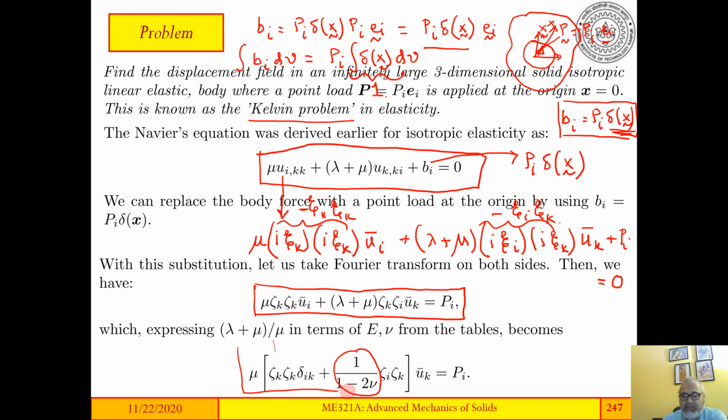So this is the expression that we are left with, where we have taken the mu outside, lambda plus mu over mu has been replaced by 1 minus 2 nu, and we have taken the delta_ik outside.